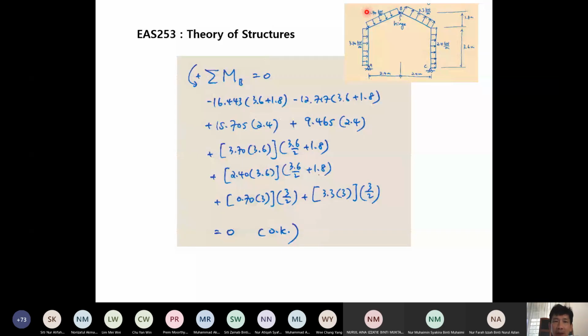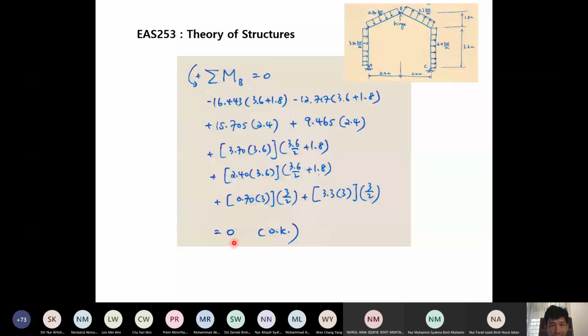So we take all the moments caused by this load, this load, this load, including the reaction forces, and then we get the summation of moment at B, which should be equal to 0, approximately equal to 0. So that is checking.